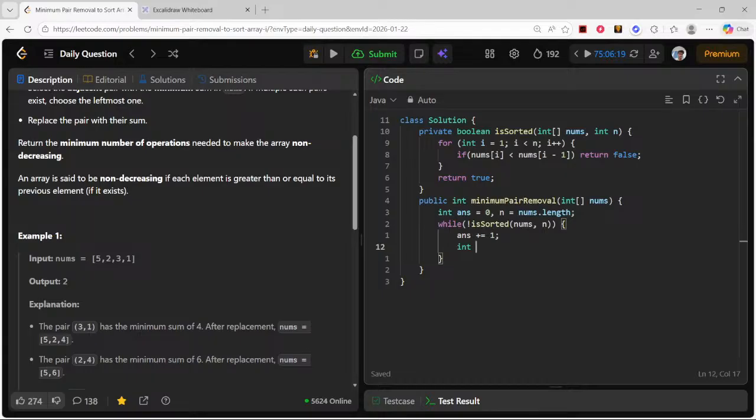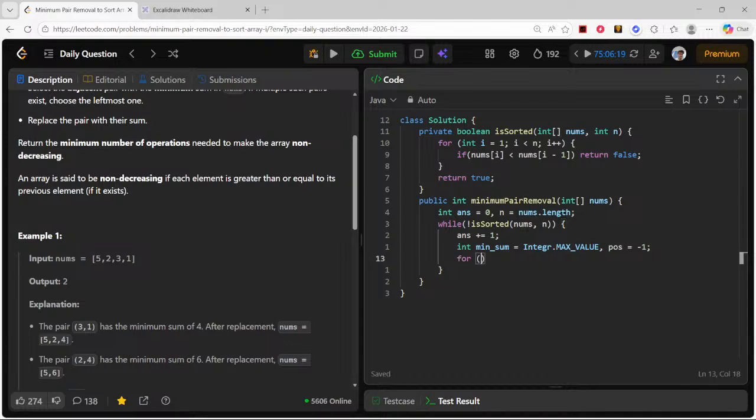int, and int minSum, we set it to Integer.MAX_VALUE, right. minSum is equal to Integer.MAX_VALUE, and positive is -1, and then we make a loop, right.